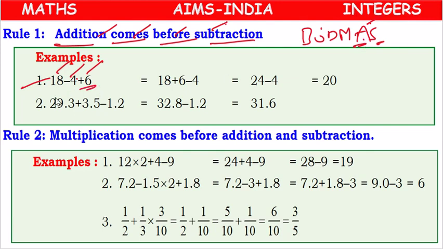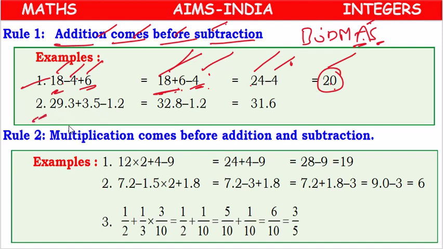So both plus terms we will write together, and minus 4 we will write separately. First they will be added: 18 plus 6, 24. Next minus 4, now they will be subtracted. So addition first, subtraction next. Like that only we have to solve the problem.